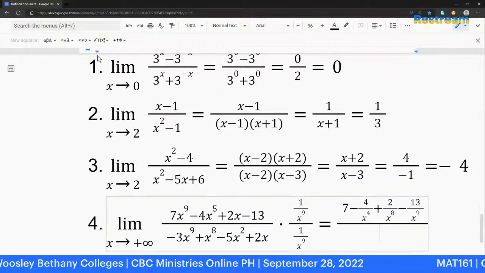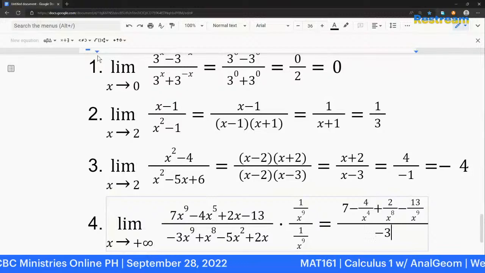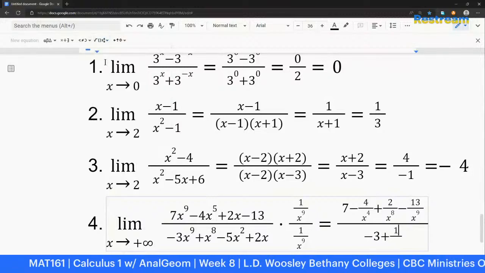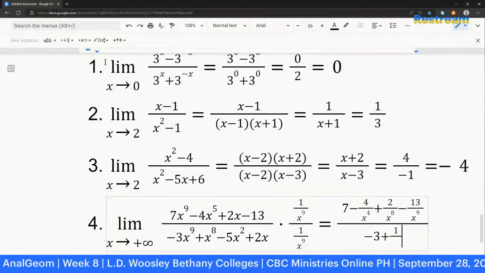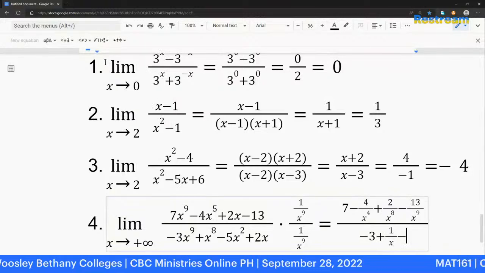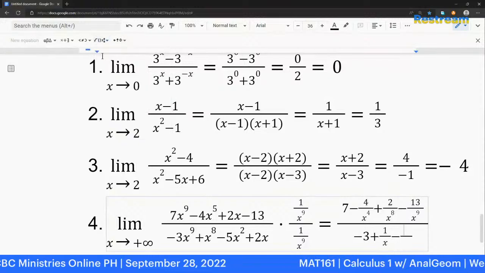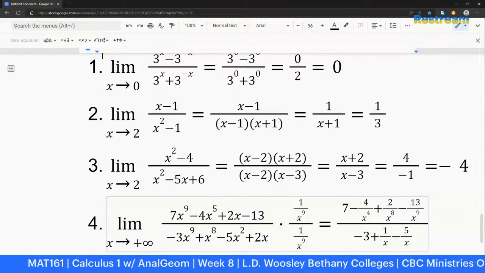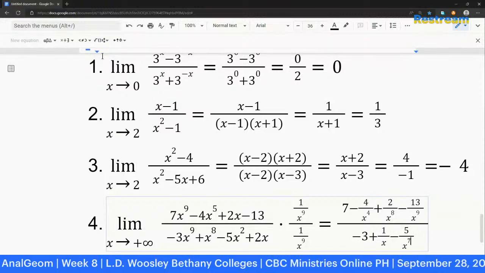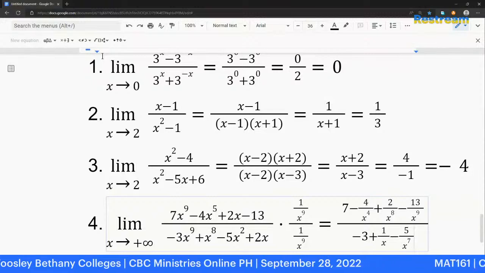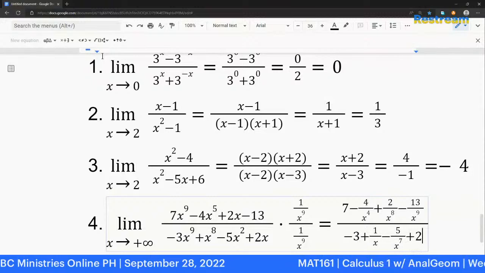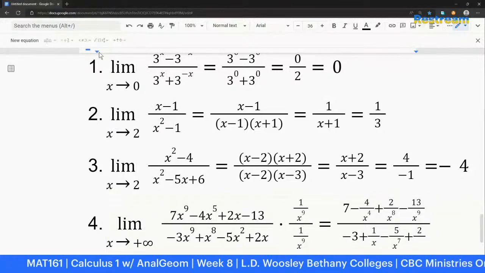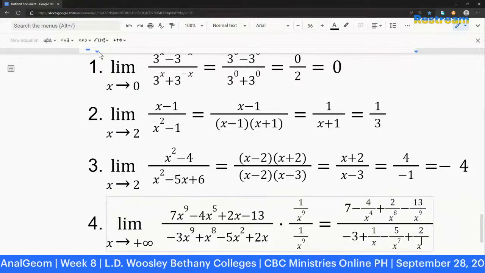So, ano may iwan dyan? So, negative 3 plus 1 over x, minus 5 over x raised to 7, and then plus 2 divided by x raised to 8.